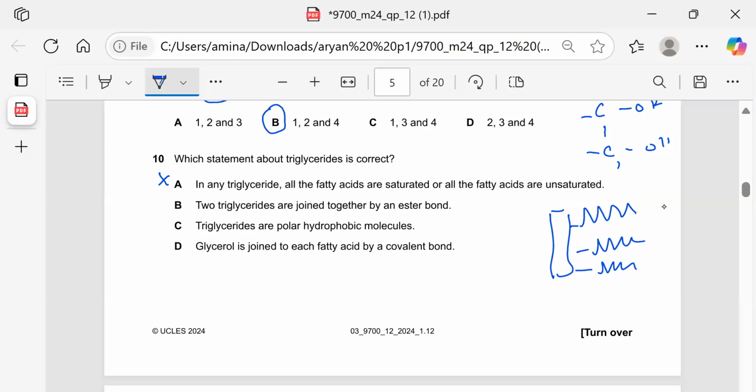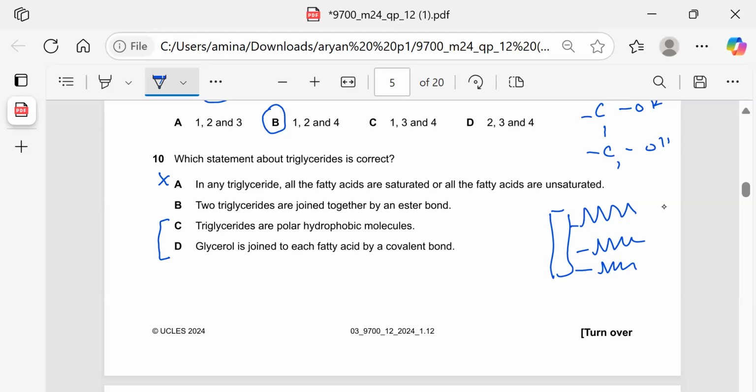Choice B is saying the 2 triglycerides are joined together by an ester bond. So no, ester bond we find between glycerol and the fatty acid. Over here I find the ester bond. See, triglycerides are polar hydrophobic. Now here, basically the examiner wants you to differentiate triglyceride from phospholipid.